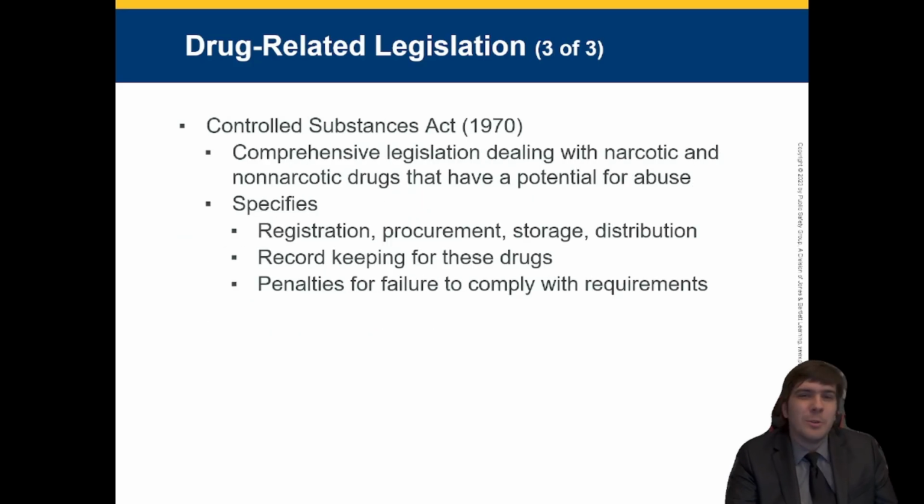Next, we have the Controlled Substances Act of 1970. This is a comprehensive legislation dealing with narcotic and non-narcotic drugs that have potential for abuse. It specifies registration, procurement, storage, distribution. You need record keeping for these drugs, and there will be penalties if you fail to comply.